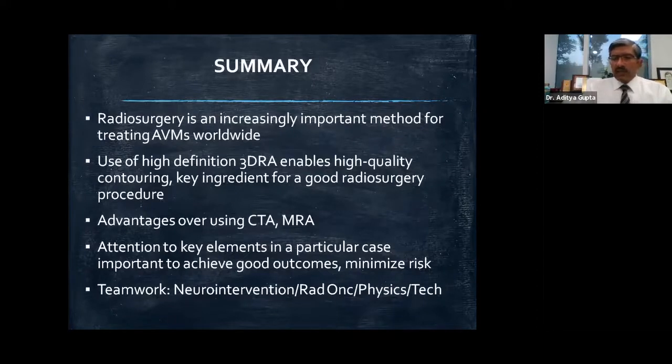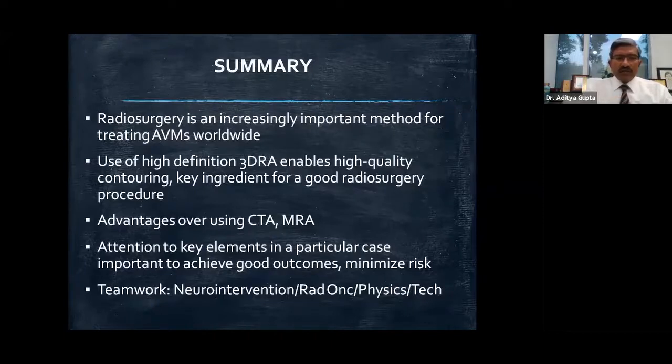And contouring, I believe, is one of the key ingredients for a good radiosurgical procedure. The 3D rotational angiography, as I've presented, has advantages over CT angiography and MR angiography. And attention to key elements of contouring and planning in a particular case is extremely important to achieve good outcomes and to minimize the risk.